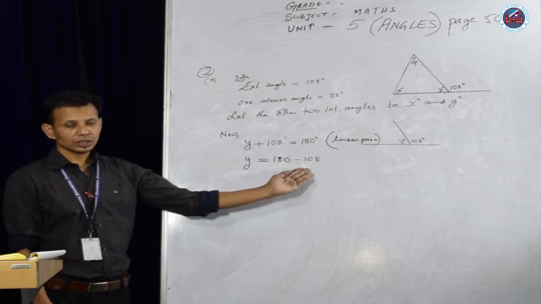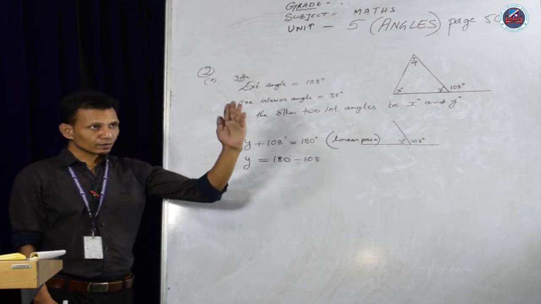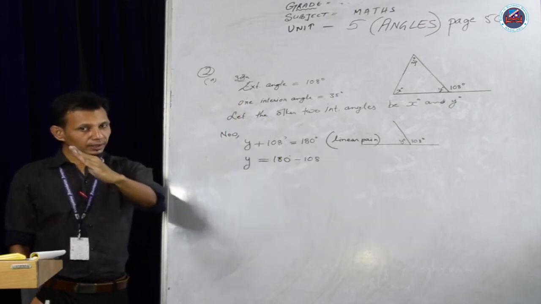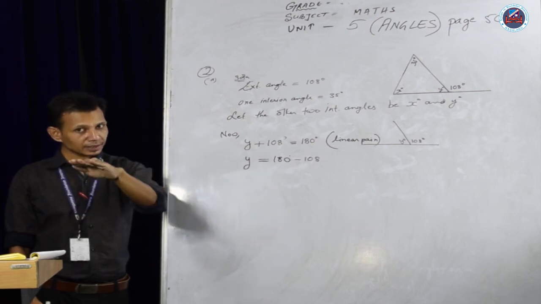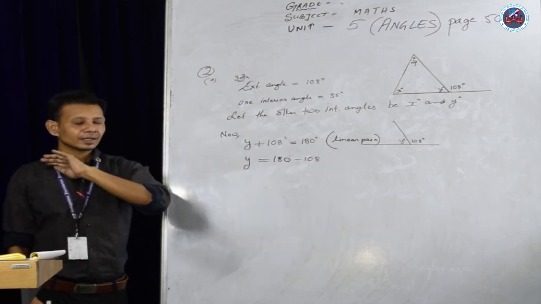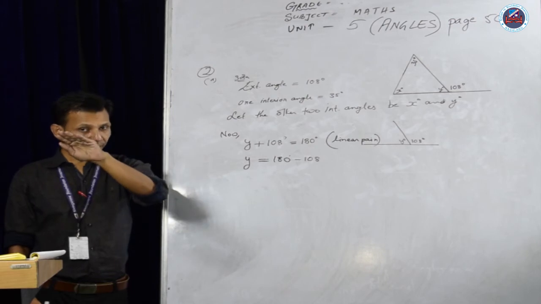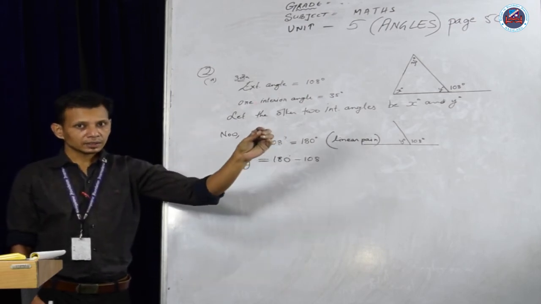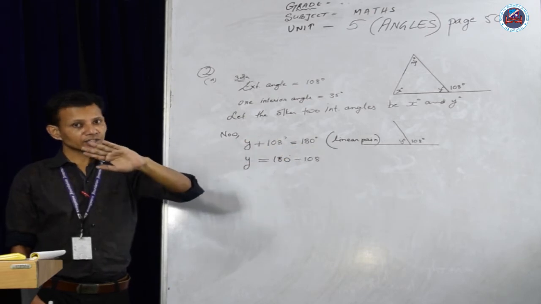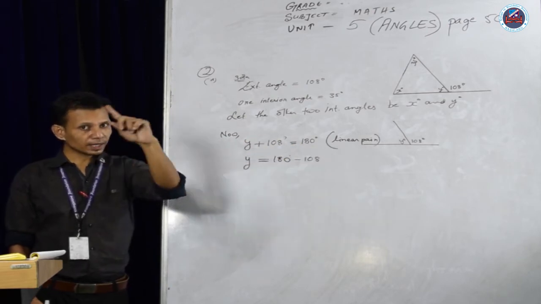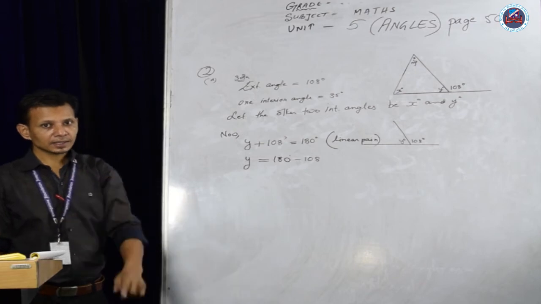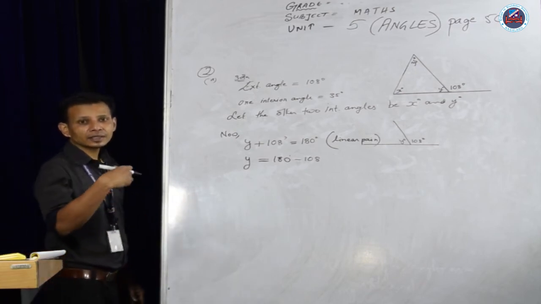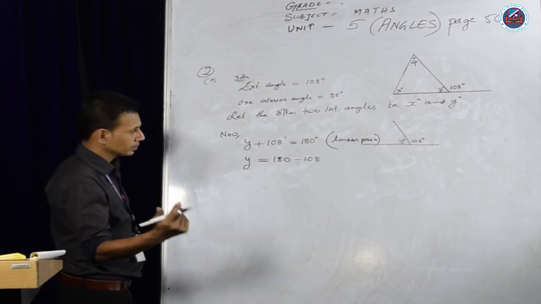Side change. Whenever you change the side from left hand side to right hand side, nothing will change, only the sign will change. Plus will become minus, minus will become plus. Or if you take any number from the right hand side to the left hand side, same case. Just remember, side change, sign change.